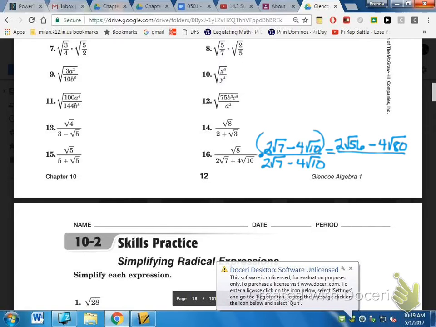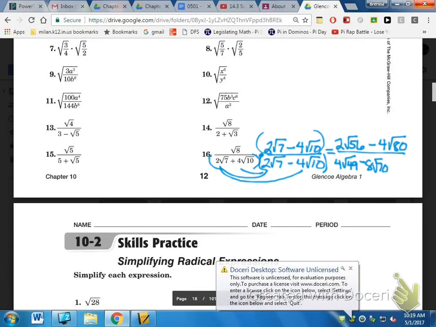The bottom being a FOIL. First, now you got to be a little more cautious here. When I take 2 radical 7 times 2 radical 7, it's 4 radical 49. That's first. Outer, okay, so 2 radical 7 minus 4 radical 10 would be negative 8 radical 70.